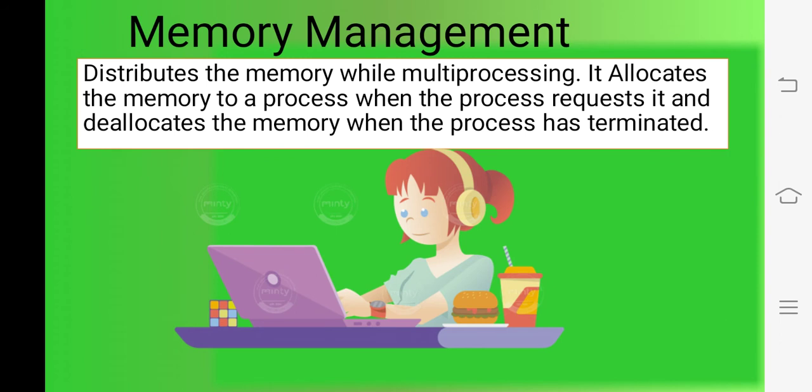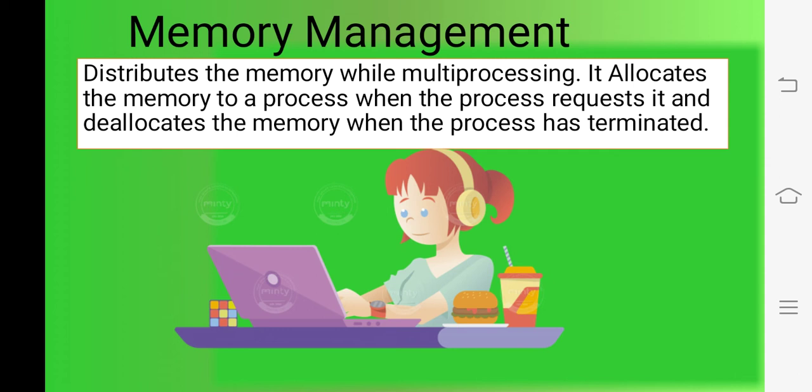Suppose children, when we are using computer, at that time we are listening to music, we are downloading some application software. The same time we are using Microsoft Word. It means we are doing more than one task at a time.